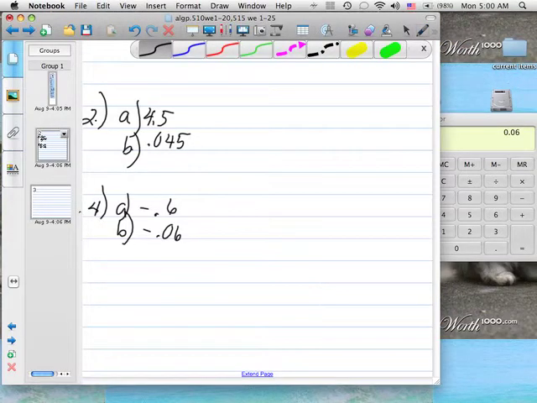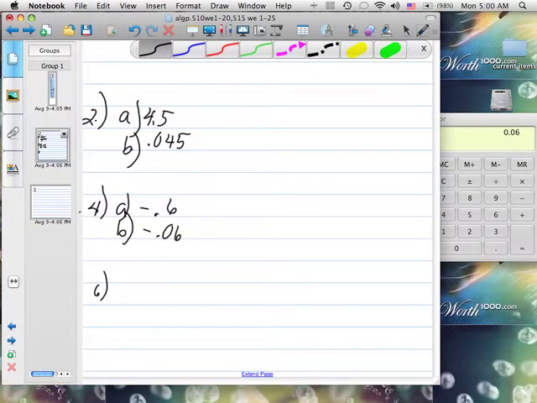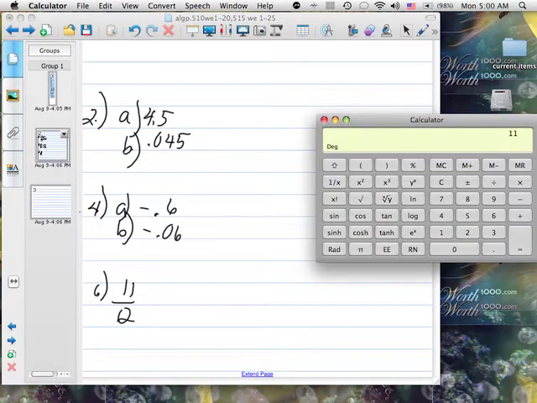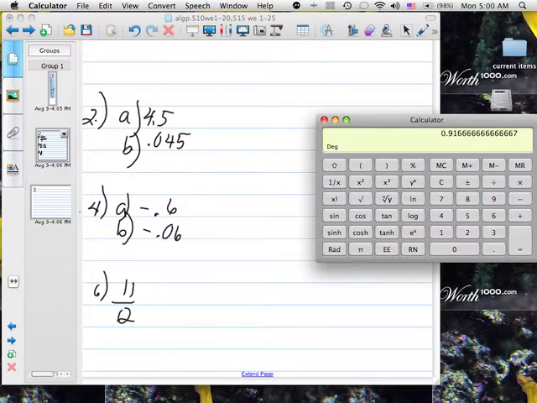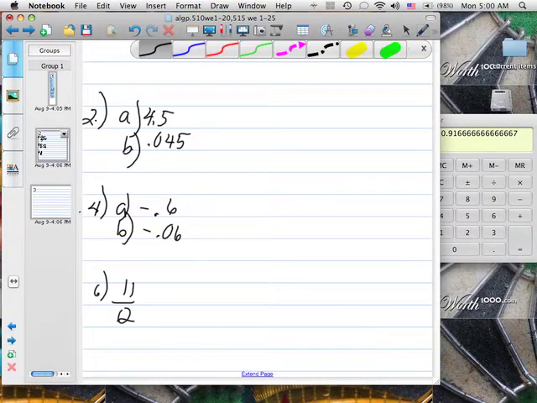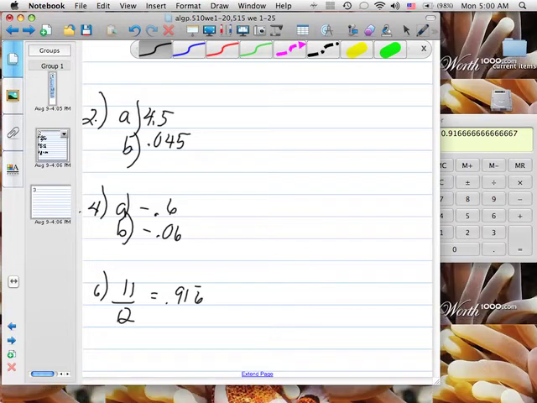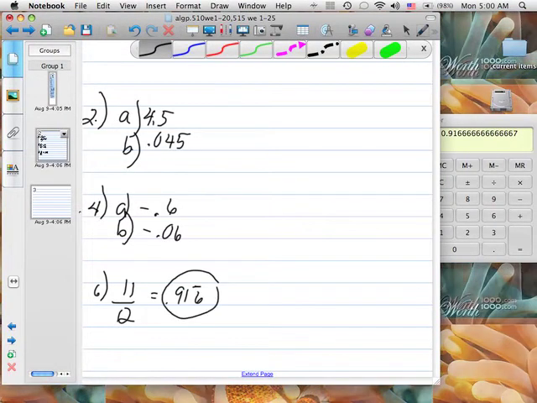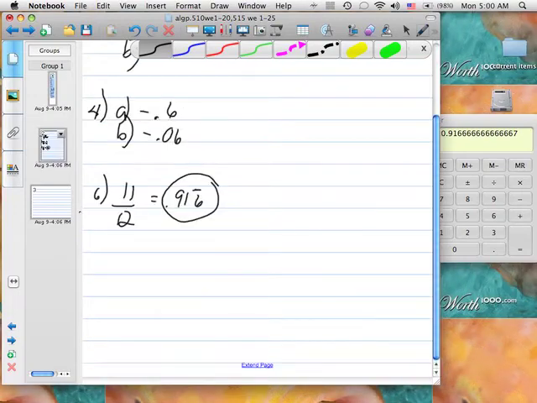Number 6, 11/12. Use your calculator. It is 0.916 repeating. The calculator rounded it off to 7 because it's not infinite. So that's the correct answer.